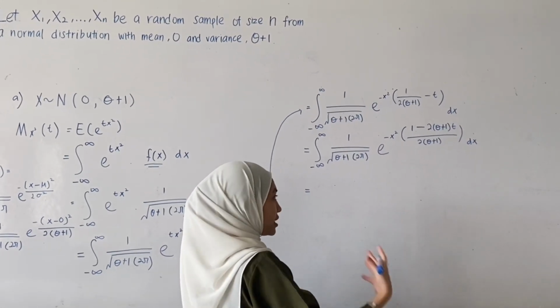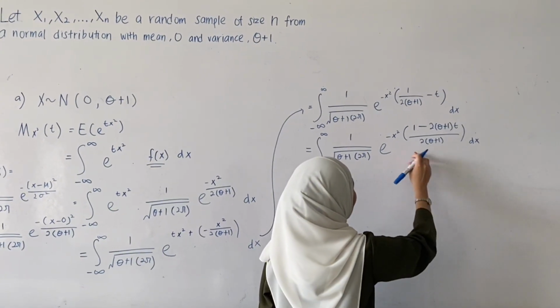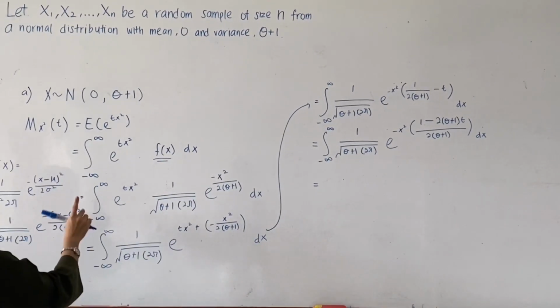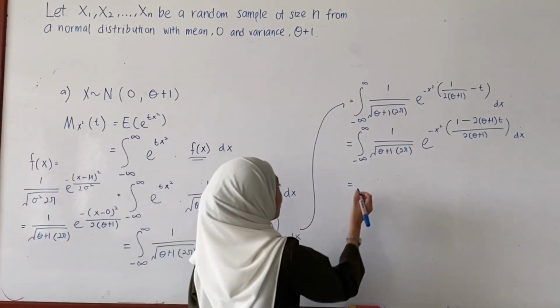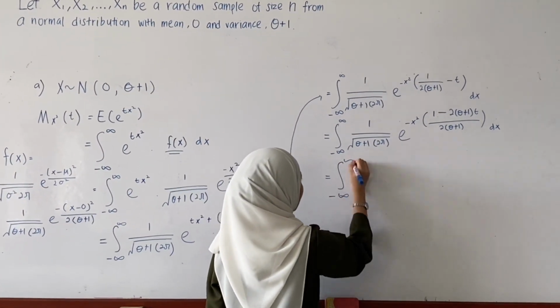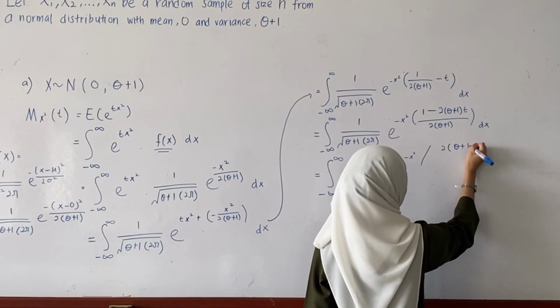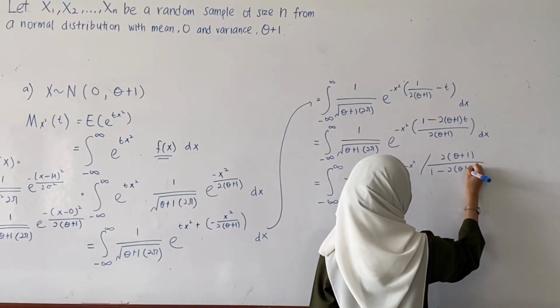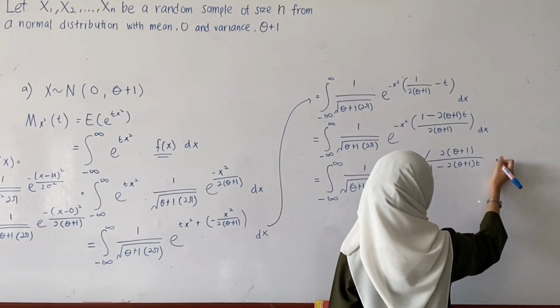Now, for the next step, we need to transform this into this formula. Therefore, we will get theta plus 1 over 1 minus 2 theta plus 1 t.